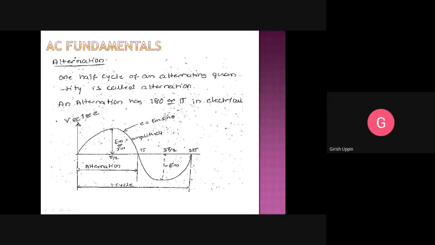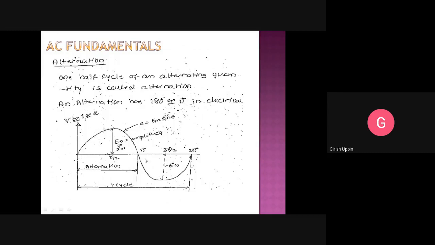Okay, let us begin. Now this is the axis representing the instantaneous value of the voltage or the current. Then this is the timeline. This can be represented in angle or it can be represented in time. So what is the instantaneous value? Instantaneous value is the value of the alternating quantity at any instant.